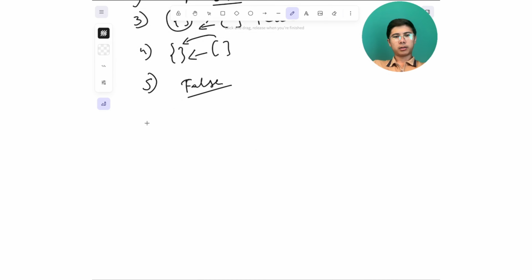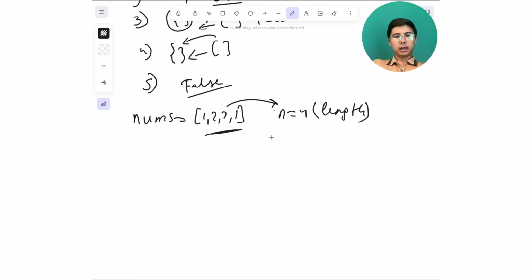So we can see the solution step by step. We have nums again, a list 1, 2, 3, and again 1. Firstly, we calculate the length: 1, 2, 3, 4, so n equals 4. This is the length of our array, and we create one variable, a set, to collect and compare elements.